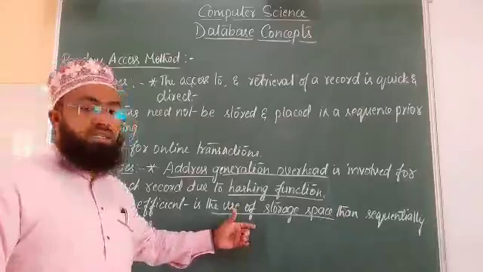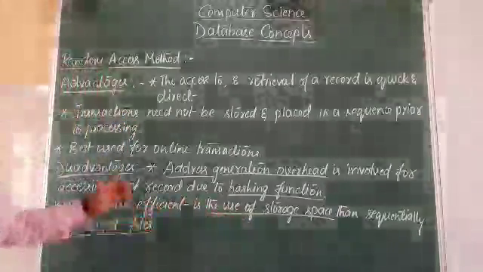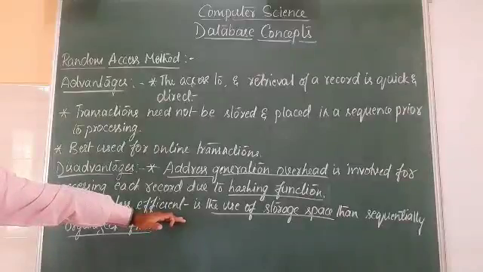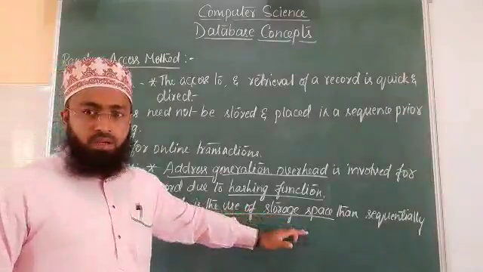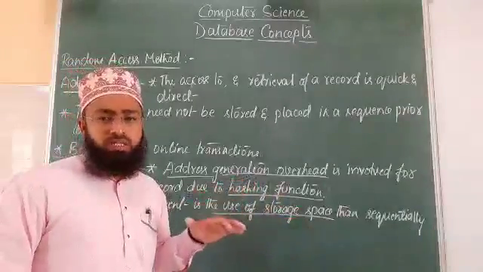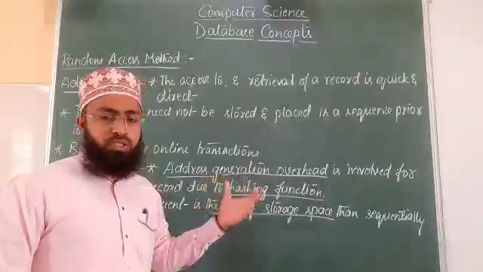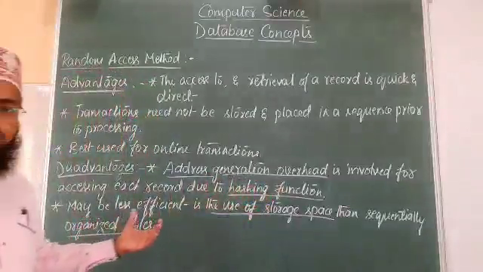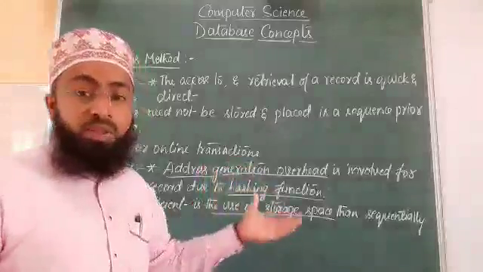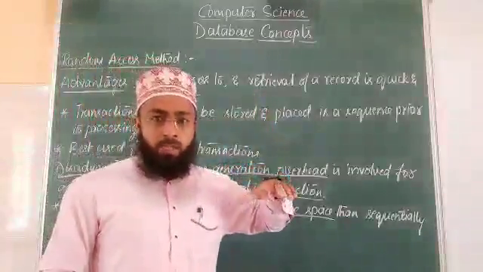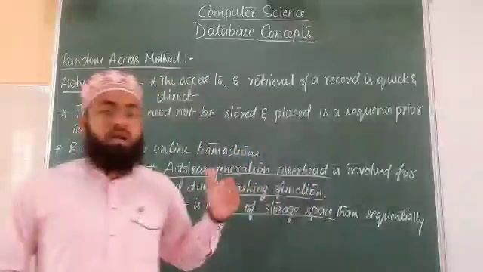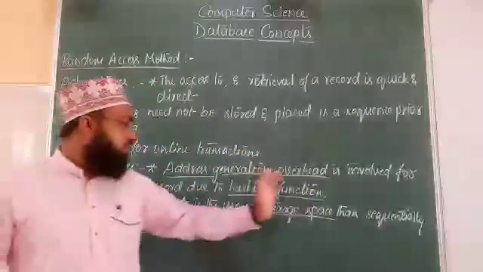This is the disadvantage of the random access method. Sequentially organized files are very efficient in using storage, but random access files are less efficient in the use of storage space.